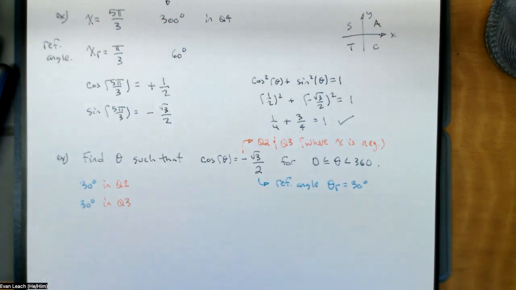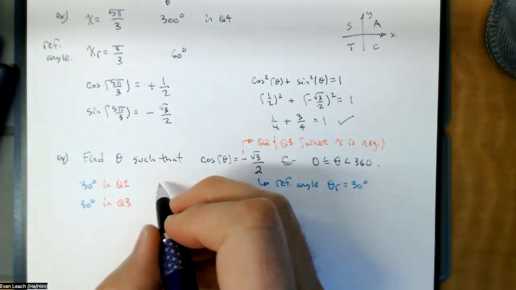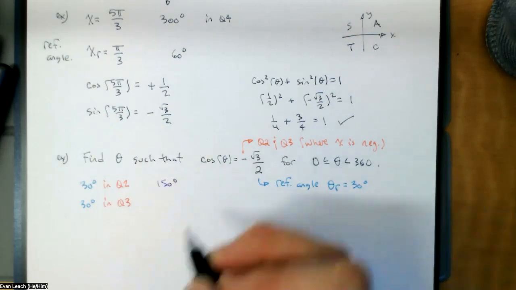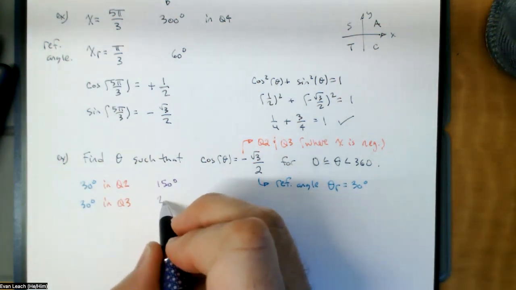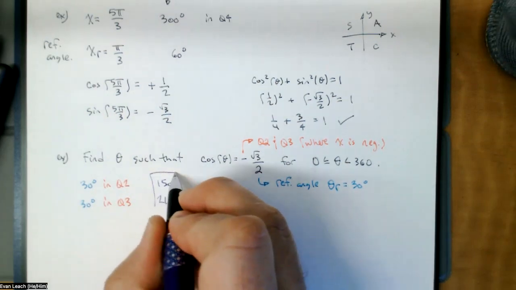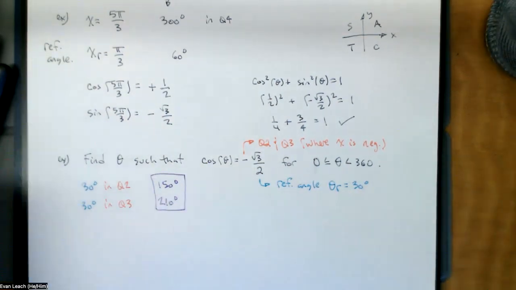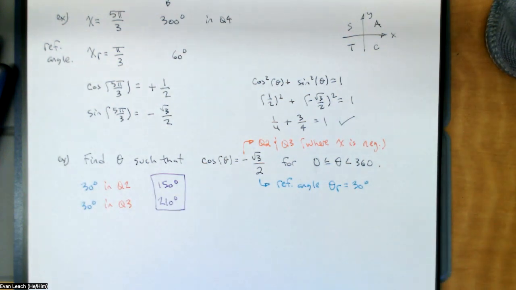I want to go down 30 and up 30. So 180 minus 30 is going to be 150. And what's 30 degrees in quadrant 3? It's going to be 180 plus 30, 210. How's everybody okay?